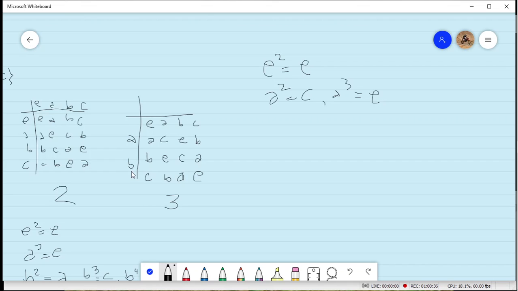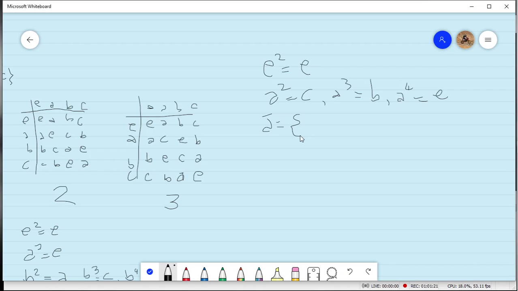Then A squared is C, A cube, C operation A is B, not E. This is B. Then A to the fourth is B operation A, E. So the powers of A is the set itself.